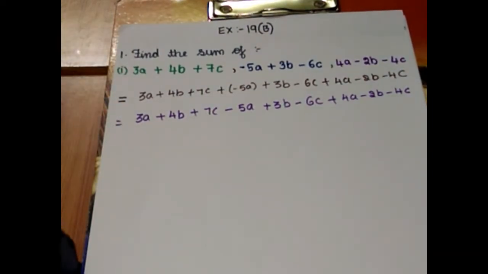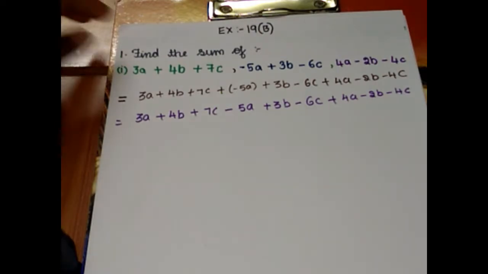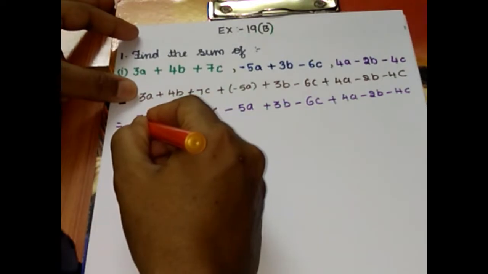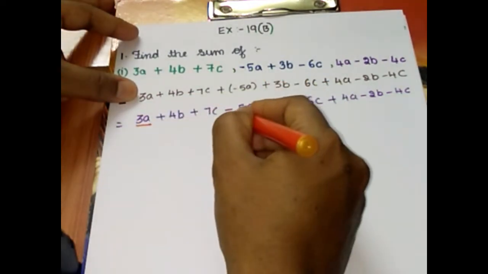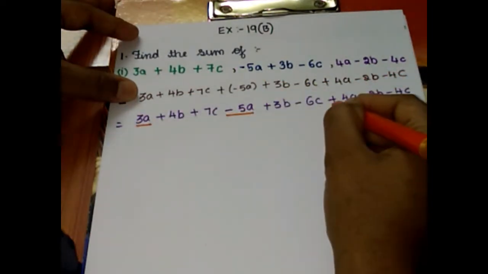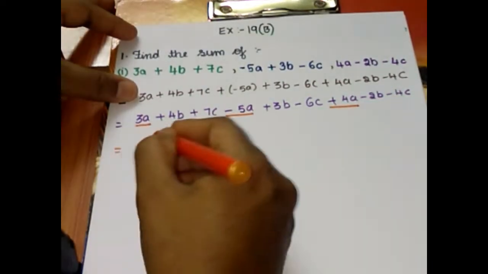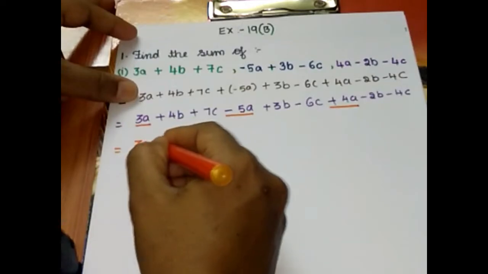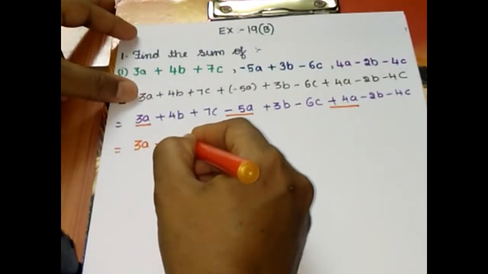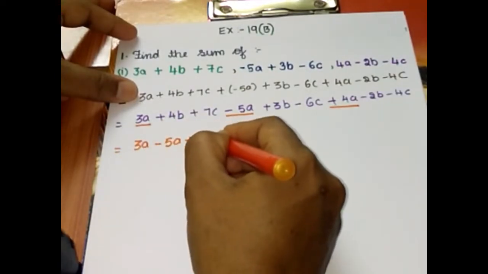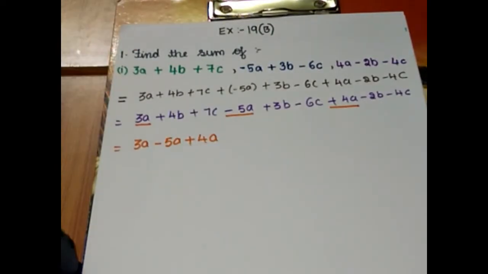The next step is to group the like terms. Let me first identify the like terms. The first group with coefficient a: 3a minus 5a plus 4a. Let's rewrite the same, all the terms with coefficient a.